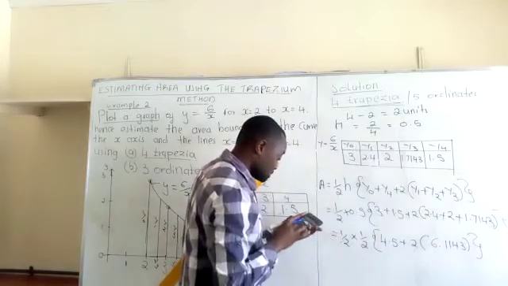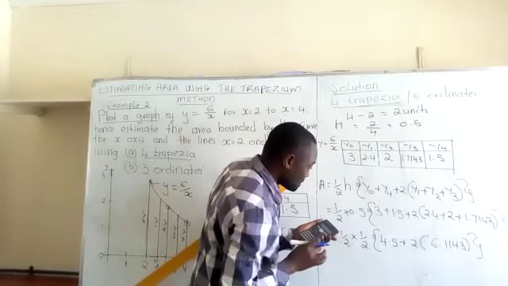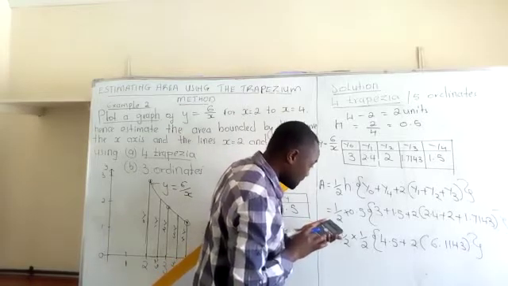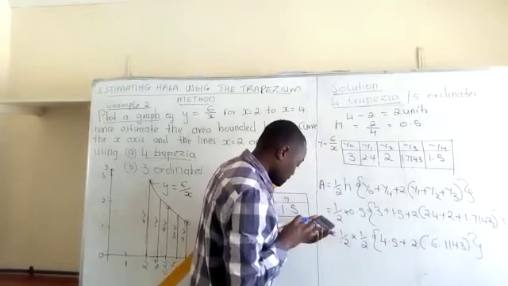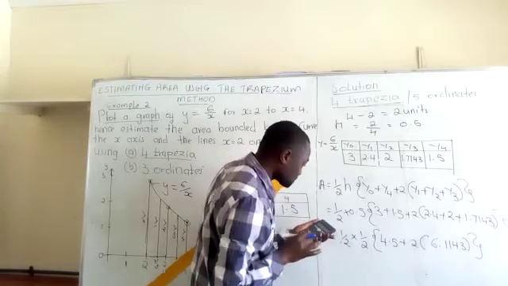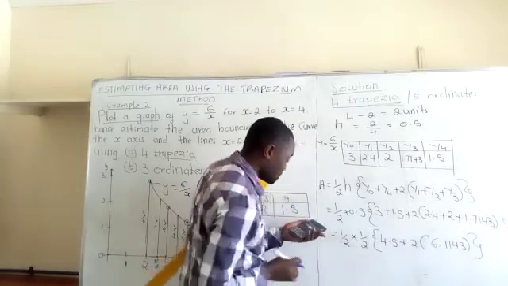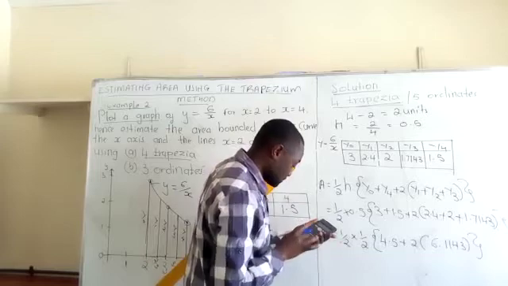And when we multiply that by 2, then we add 4.5, then we multiply by a quarter.